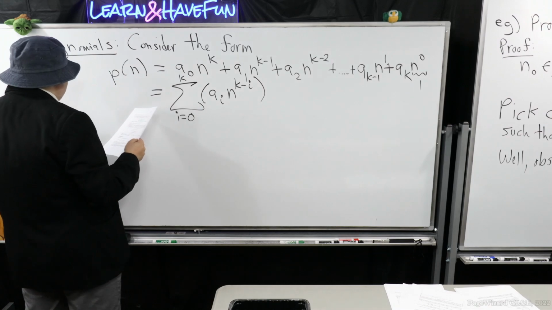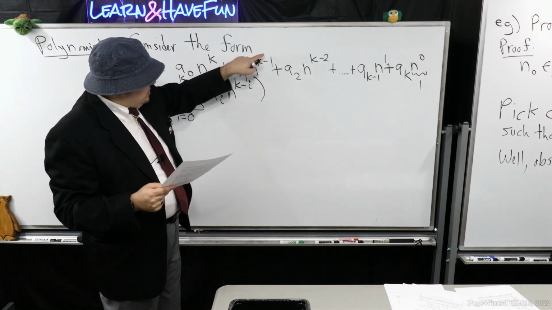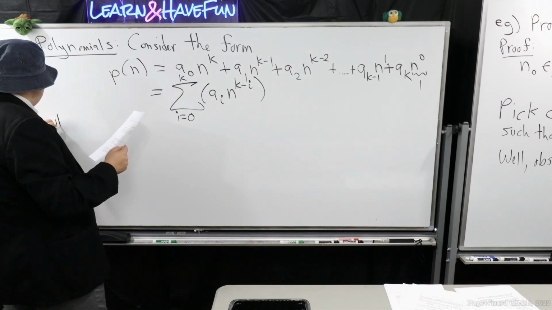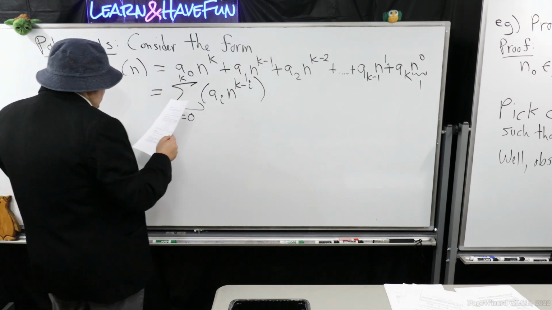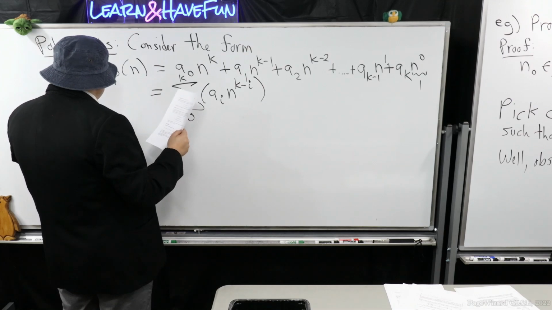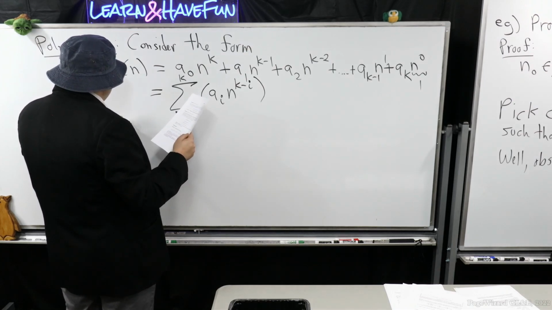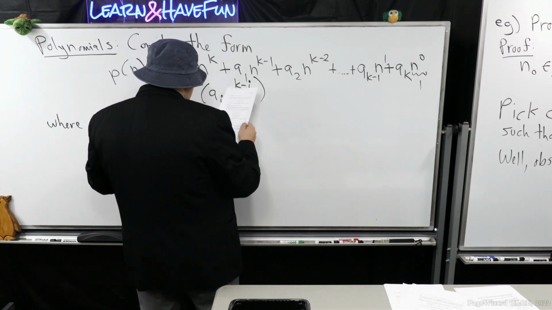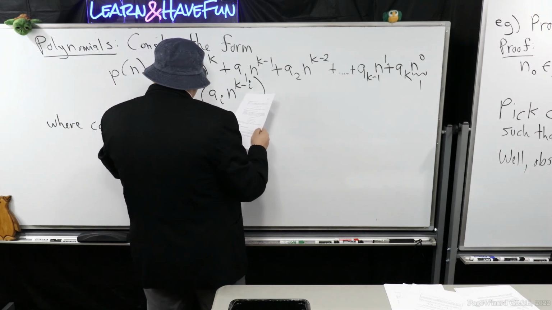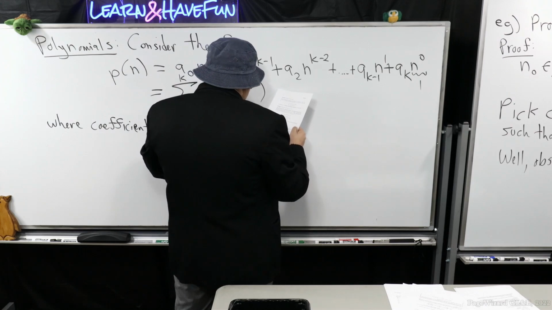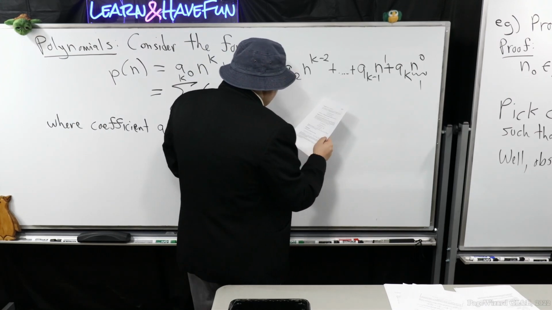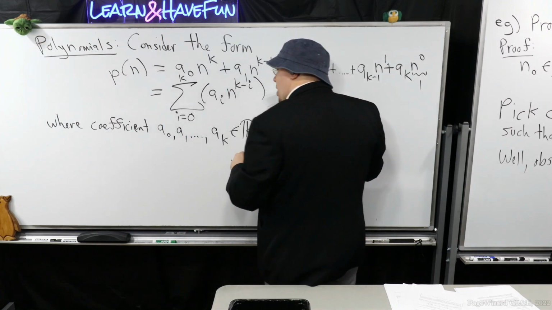But I must stress that these multiplicative constants out front are called coefficients. The coefficients a0, a1, all the way up to ak, are all going to be non-negative, meaning that they're allowed to be 0 or positive.